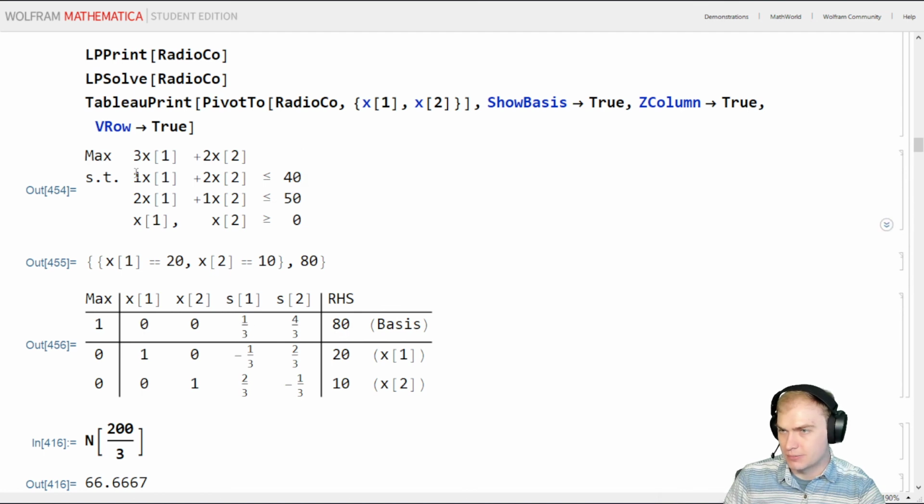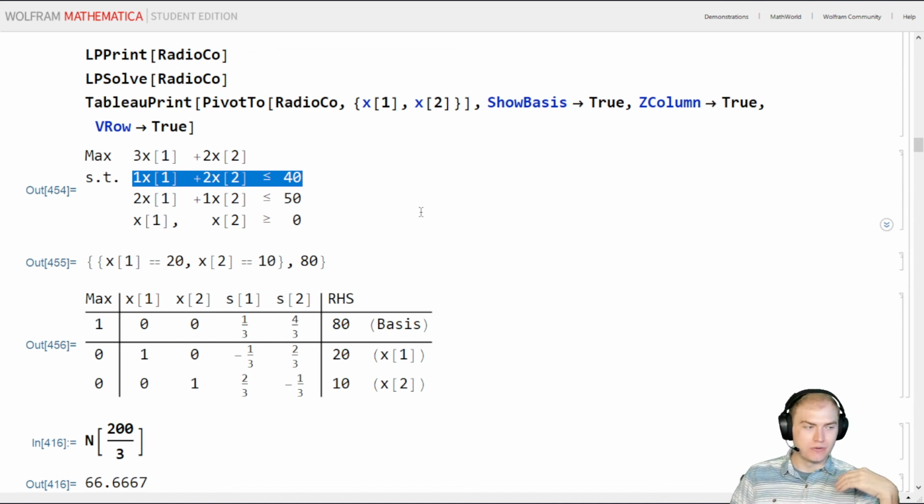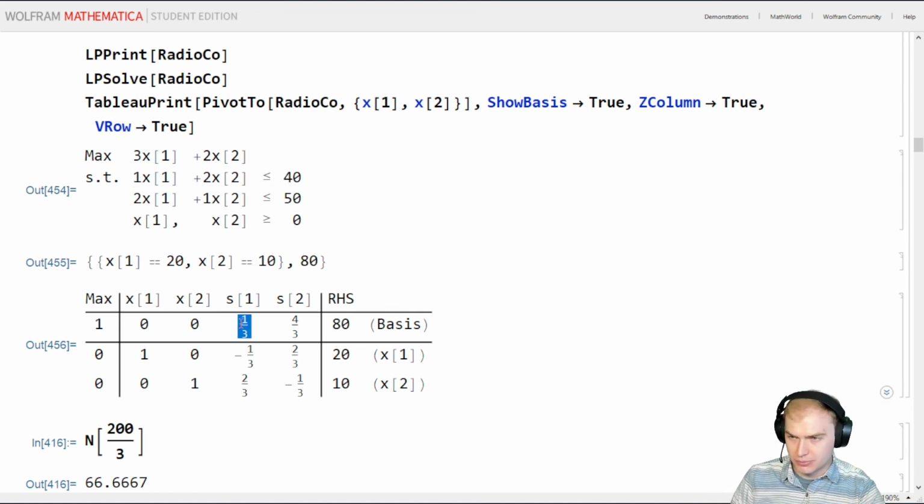So in this problem, the resources, the constraints, correspond to how much each laborer is willing to work, how many hours, and our shadow price is how much we would be willing to pay to get more of that resource without losing money.